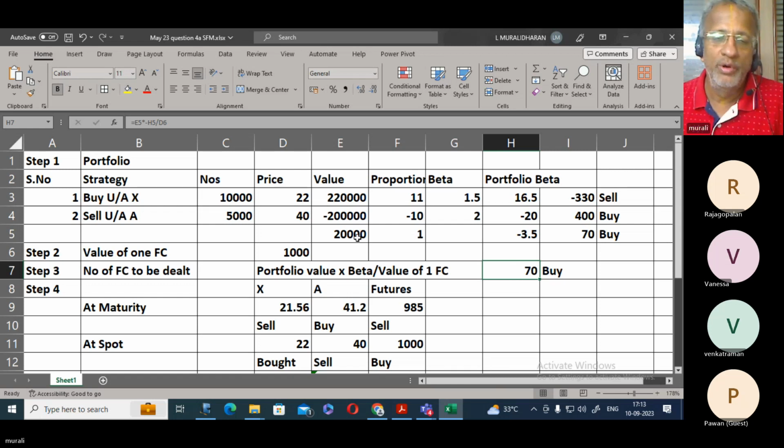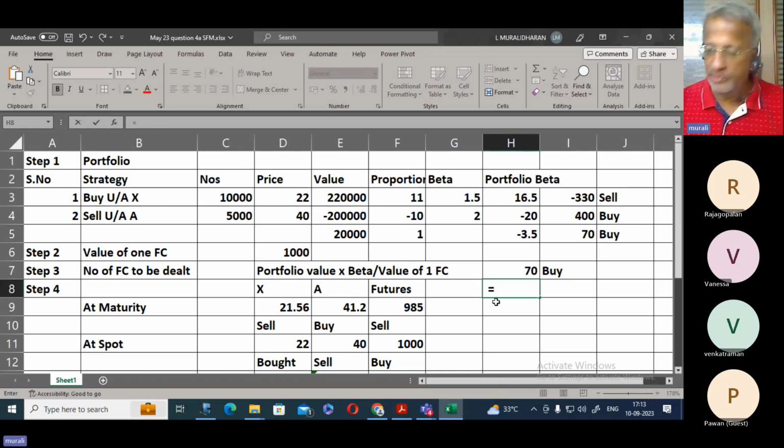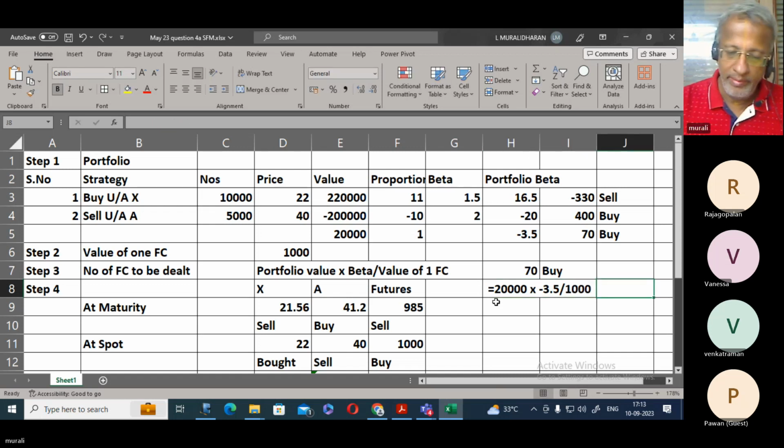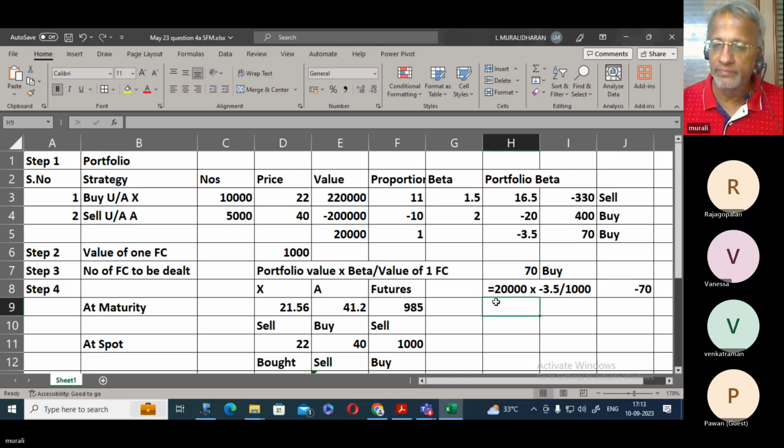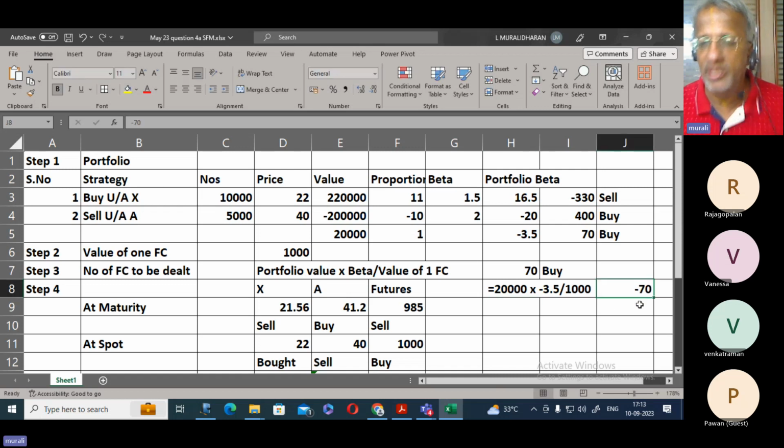What is the way? It is 20,000 into 3.5 negative divided by 1,000. Normally for buy, it is going to be sell. Since it was negative, the opposite of sell is going to be buy. It is 20,000 multiplied by minus 3.5 divided by 1,000, which will give you minus 70. So this minus 70 cannot be taken up as sale.